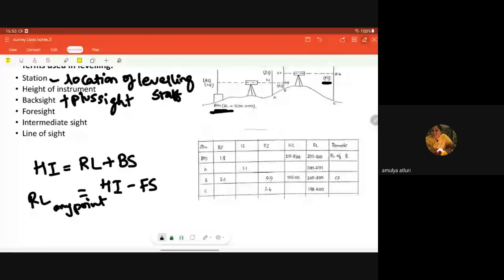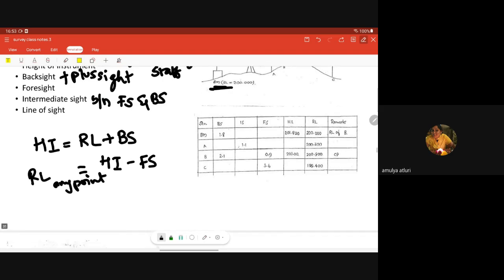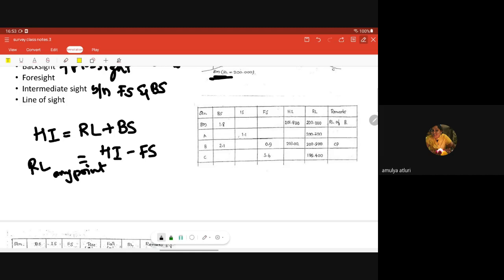So you can see reduced level is equal to height of instrument minus foresight. Next is intermediate sight. What is it? The sight between foresight and backsight. Intermediate sight is the sight between foresight and backsight. So RL of any point, when intermediate sight is given, is equal to height of instrument minus intermediate sight, HI minus IS.